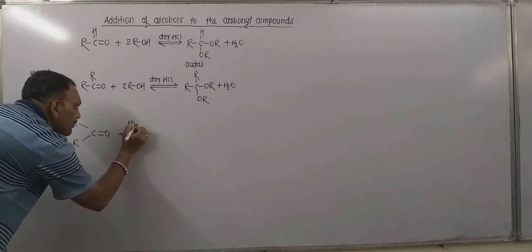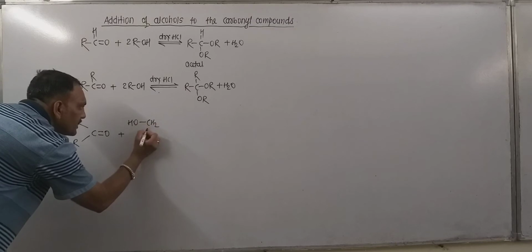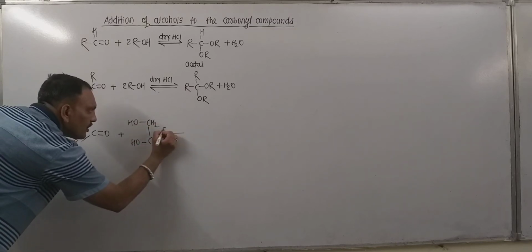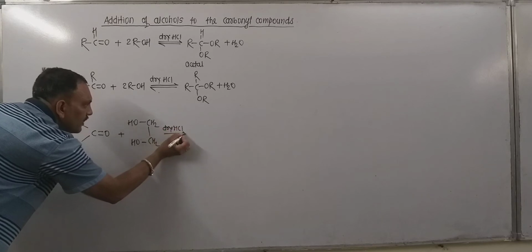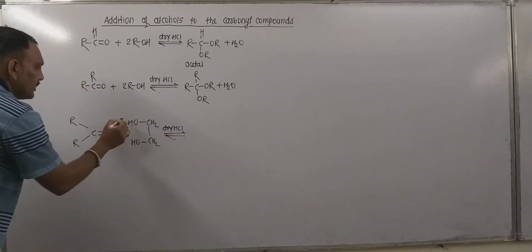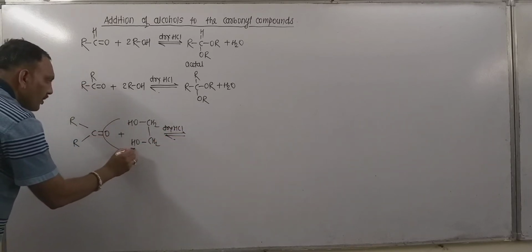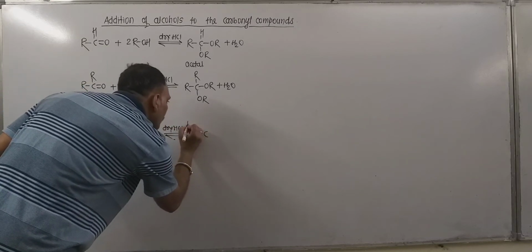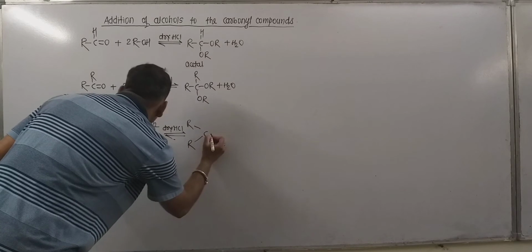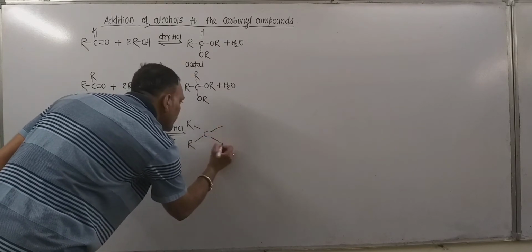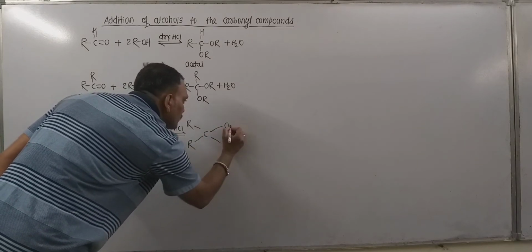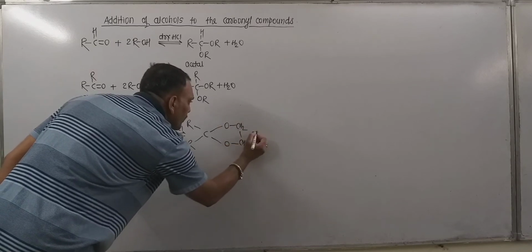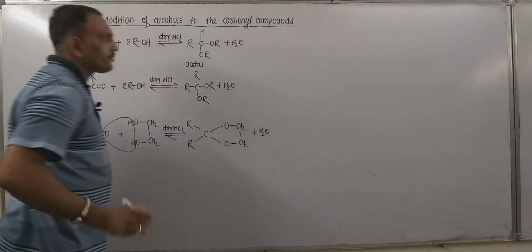So when treated with the glycol, that is ethylene glycol, which can be given as, in presence of dry HCl, then the departure of water takes place in this way, and that leads to the formation of cyclic ketal, which can be given as, with the departure of water.